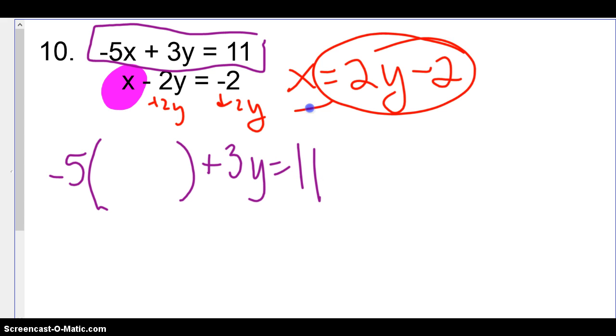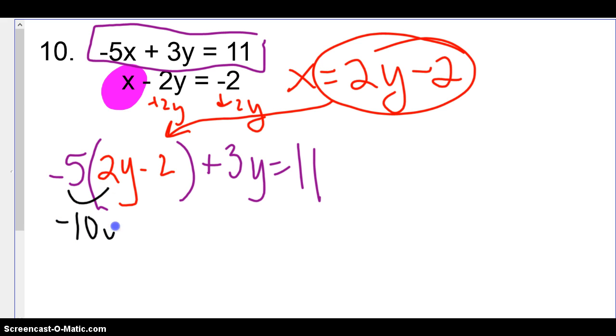Now I go back, take this thing, substitute it in. Helps me to write it in later. 2y minus 2. Now I get the awesome opportunity to distribute. Negative 10y plus 10. Be careful of the signs. Plus 3y. All right.